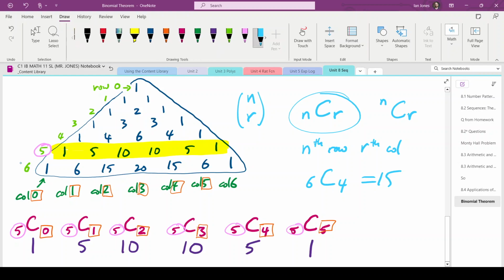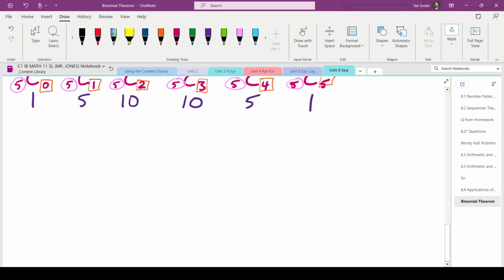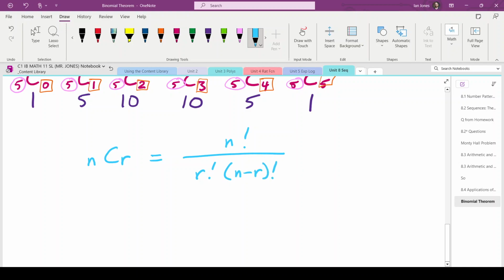Now, before I go too far with this, I also want to show you that there's a formula for calculating n choose r as well. And it goes like this. If you have n choose r, that is equal to n factorial divided by r factorial times n minus r factorial. What's a factorial, you may ask?